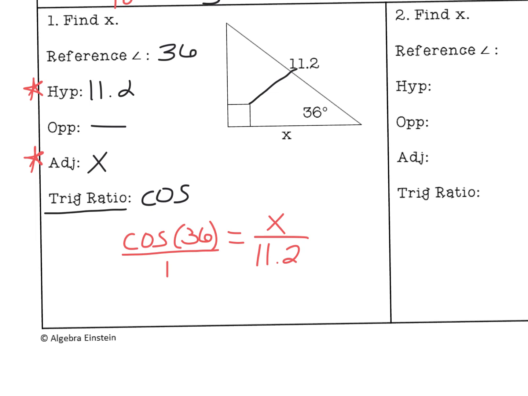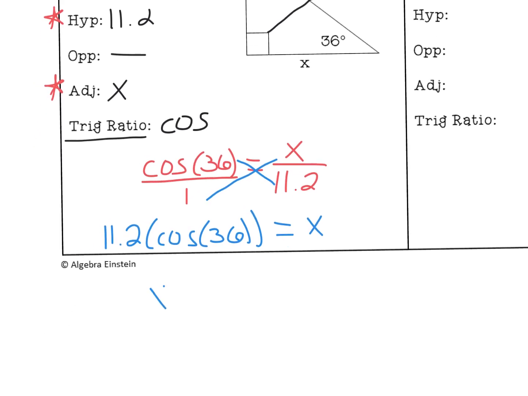Cross multiply. So we have cosine of 36 times 11.2. I'm going to write that out so we all know what's going on. Cosine of 36 times 11.2. What's on the other side? The x, right? 1 times x is x. You want to round to the nearest hundredth.